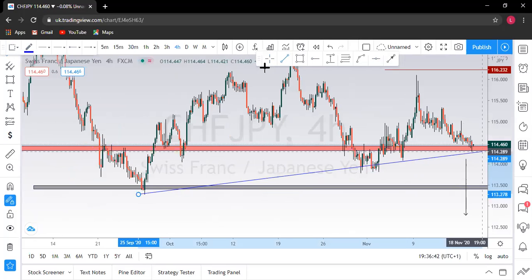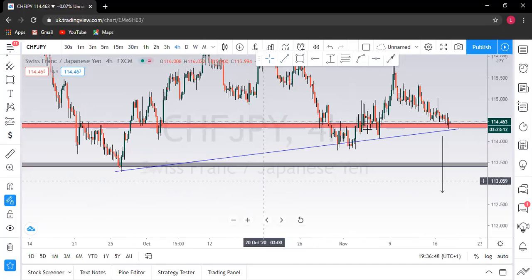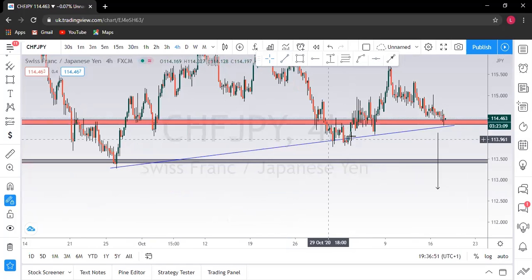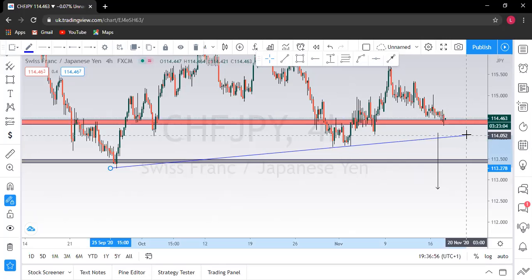Remember how I taught you to draw trend lines, they must not cross the market. This is crossing the market already, so you just have to adjust the trend line towards the downside like this.